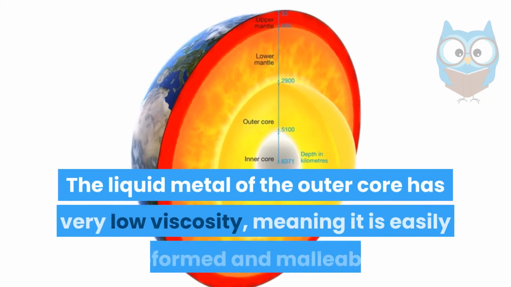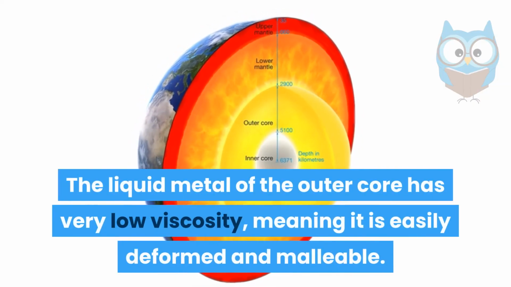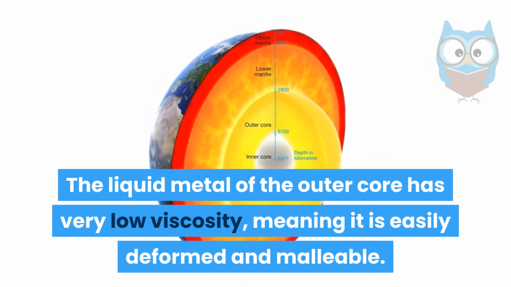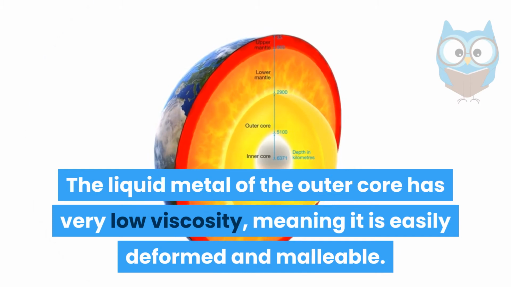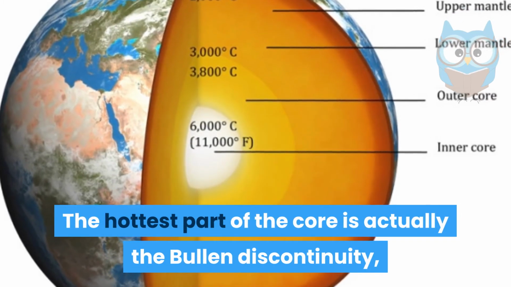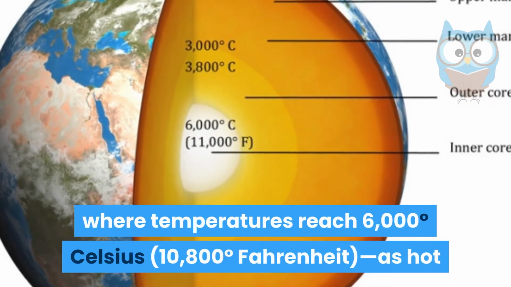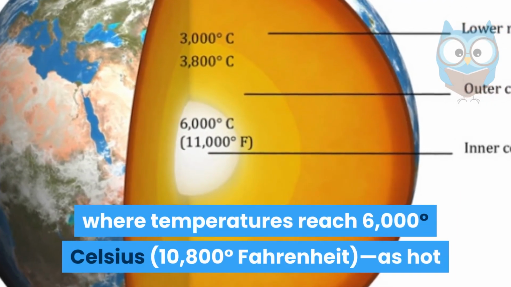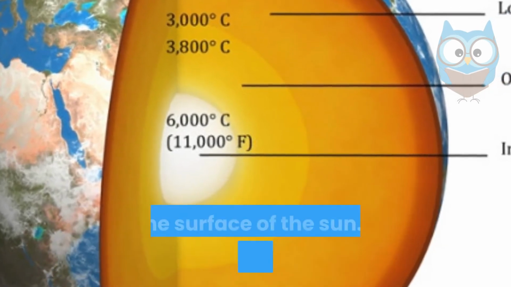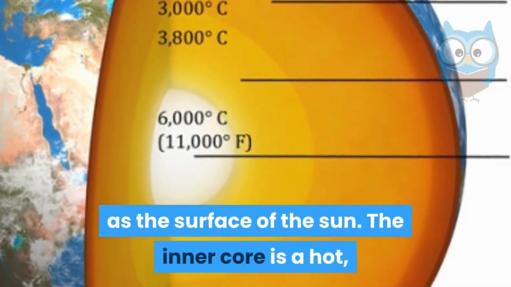The liquid metal of the outer core has very low viscosity, meaning it is easily deformed and malleable. The hottest part of the core is actually the Bullen discontinuity, where temperatures reach 6,000 degrees Celsius (10,800 degrees Fahrenheit), as hot as the surface of the Sun.